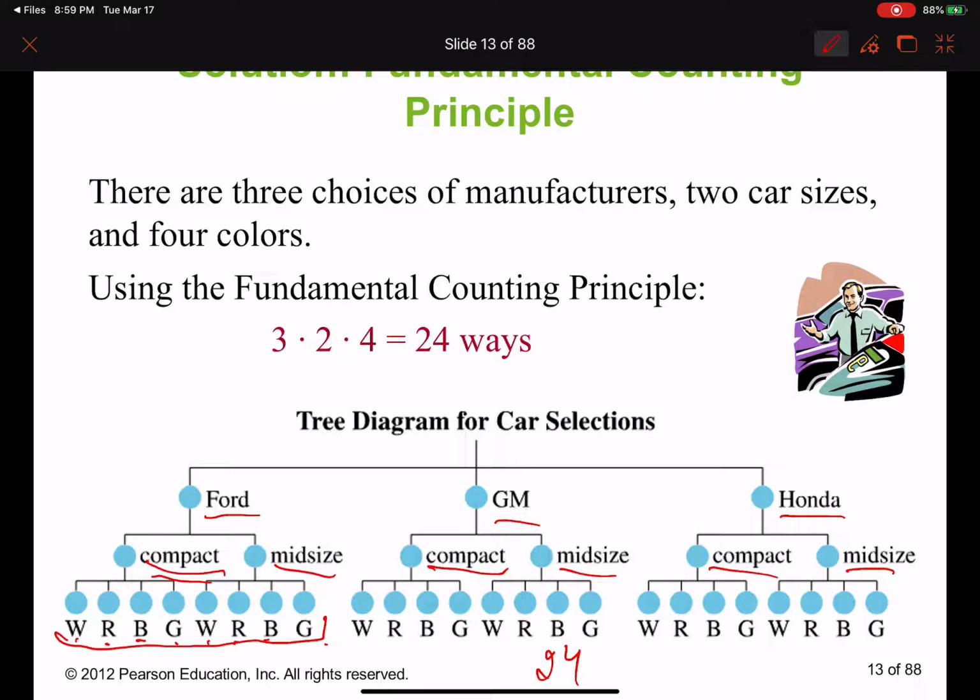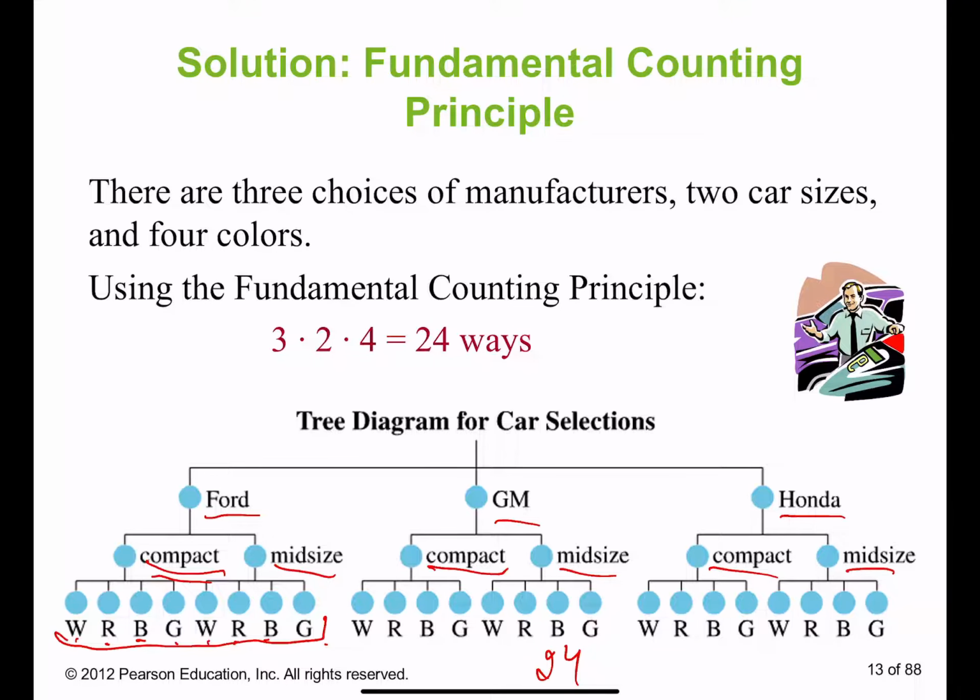Those are counting principles. When every single element is participating in the calculation, and you want to know the total of how many possible choices you have, you take all choices and multiply them by each other.